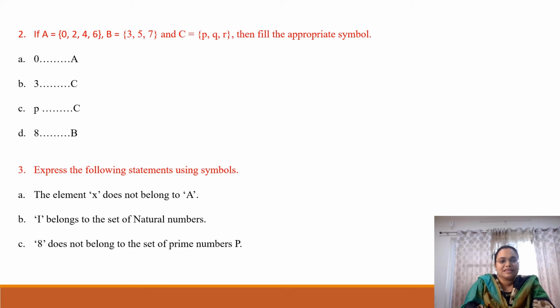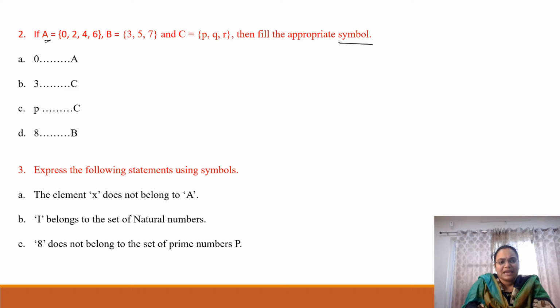So the next one is, if A is equal to {0, 2, 4, 6}, B is equal to {3, 5, 7}, C is equal to {P, Q, R}, then fill in the appropriate symbol. If you see here, A contains these elements, B has 3, 5, 7 and C has P, Q, R in it, right?